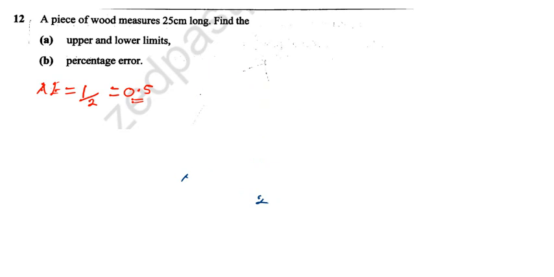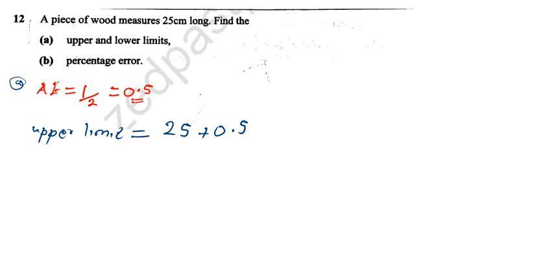So we continue to our question. We have found our absolute error to be 0.5. So, finding the upper limit: we take the 25, which we are given as the measurement for the wood, and we add the absolute error, 0.5.